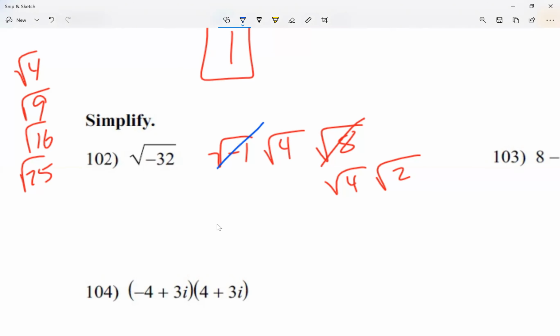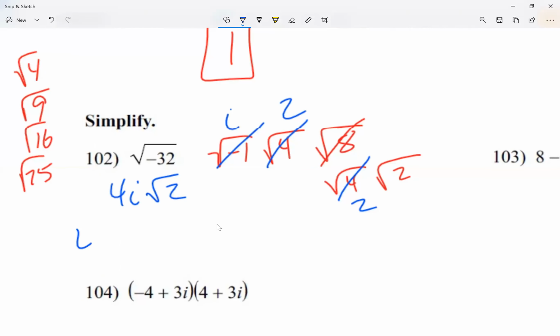Because the square root of negative 1 is i. The square root of 4 is 2. The square root of 4 is 2, and then I still have a radical. Now, when you multiply everything that came out, it's going to be 4i, and then radical 2. All right, some of you may be like, Mr. Lorenzo, how do I type that out?